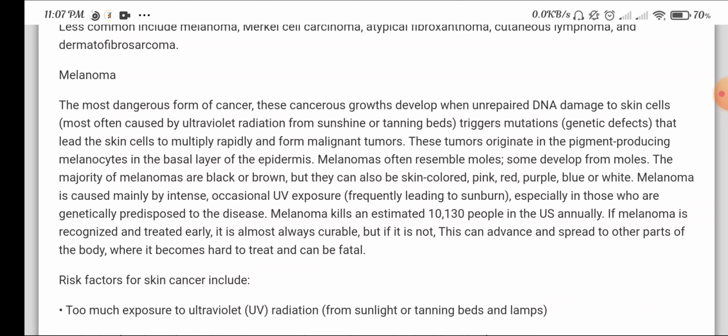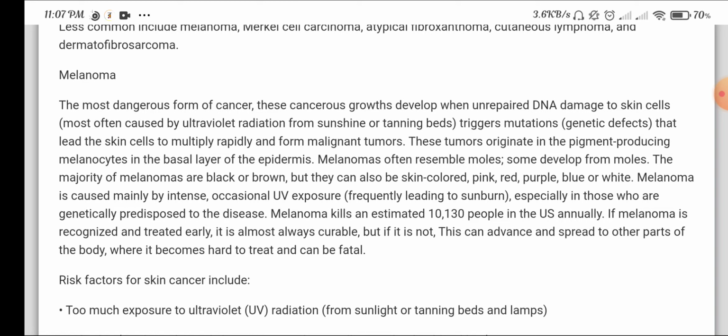Melanomas often resemble moles. Some develop from moles. The majority of melanomas are black or brown, but they can also be skin colored, pink, red, purple, blue, or white.